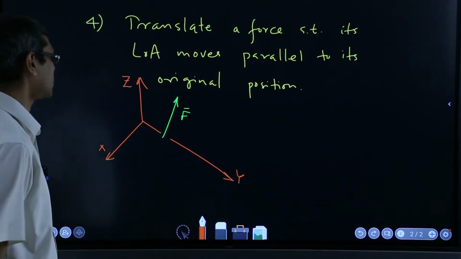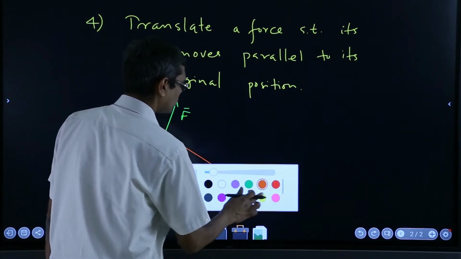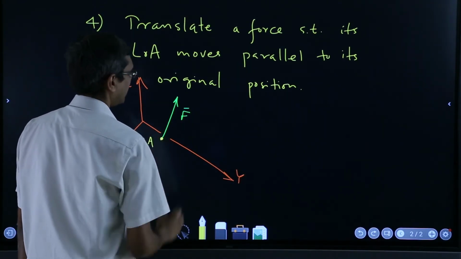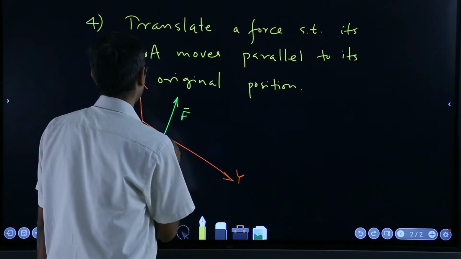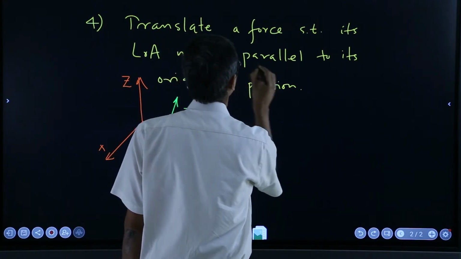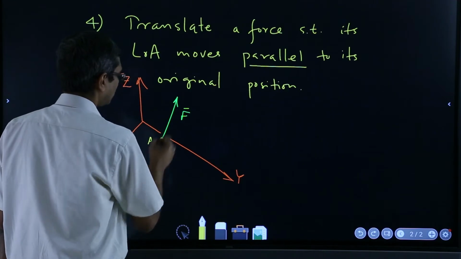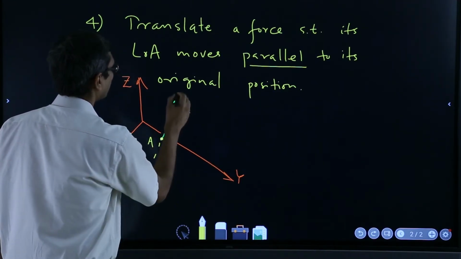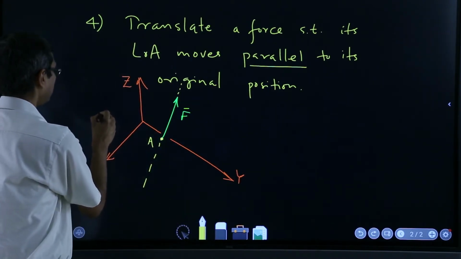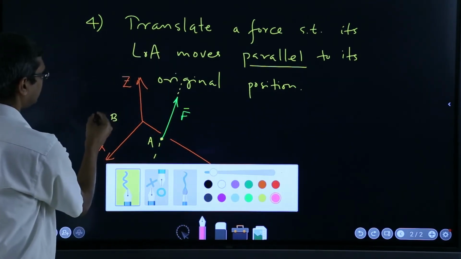Now the force is hovering somewhere like that, and let me also show a point where it is being applied, say A, and you are trying to transfer this force parallelly. The line of action moves parallel to its original position. Its original position is like this, and you will move it somewhere to say point B here, and you want the force to come here.